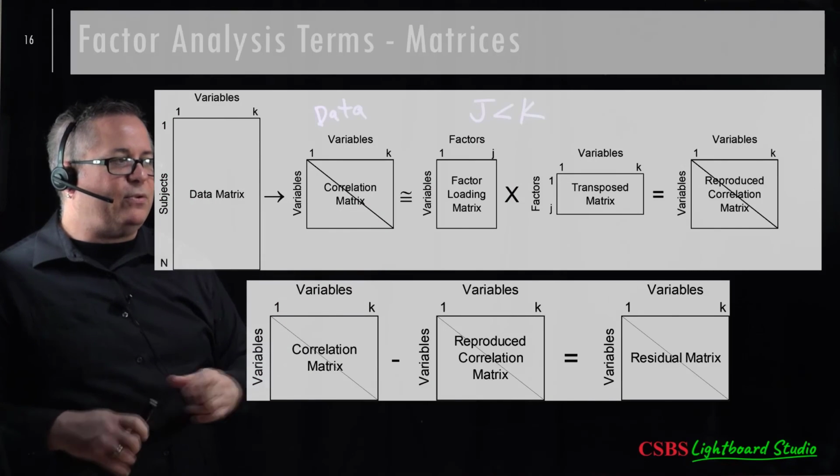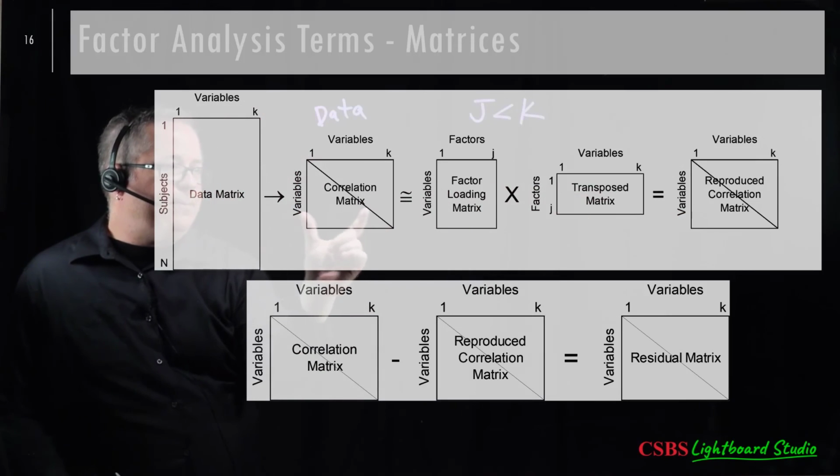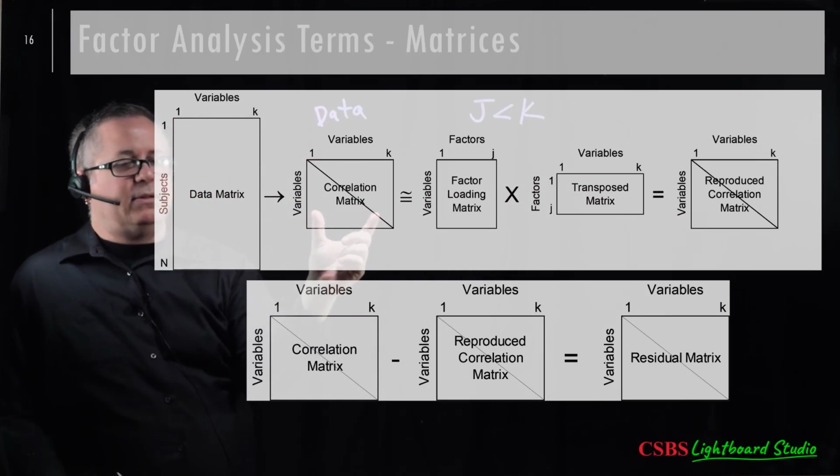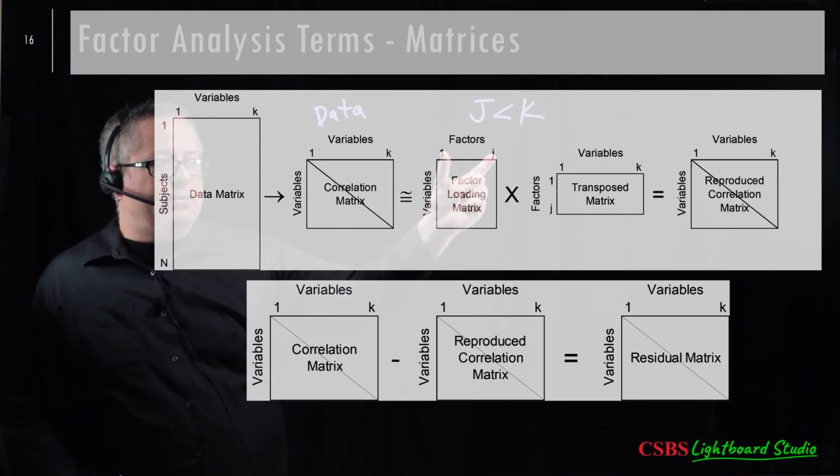So I want to try to create this reproduced matrix. Here's the matrix I'm putting in, the correlation matrix that I'm giving the program like SPSS. I need to decide how many factors to keep, somewhere between 1 and j, preferably closer to 1 than j.